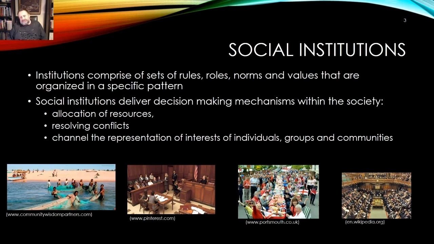So let's first look at social institutions. These really comprise a set of rules, norms, mechanisms, which are organized in certain patterns in society, and these really implement the ways how society works.